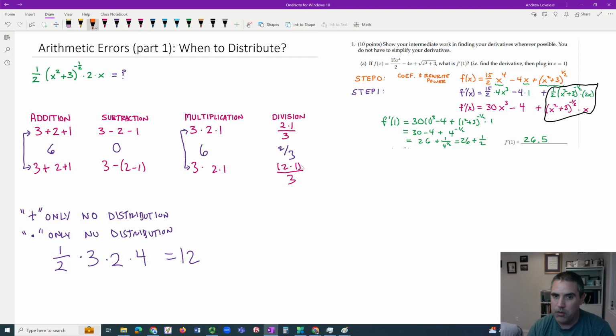The same thing happens over here for the division. I've seen this messed up many times, and I've seen students write 2/3 times 1/3. And that's wrong. That's 2/9, and it's not the same.